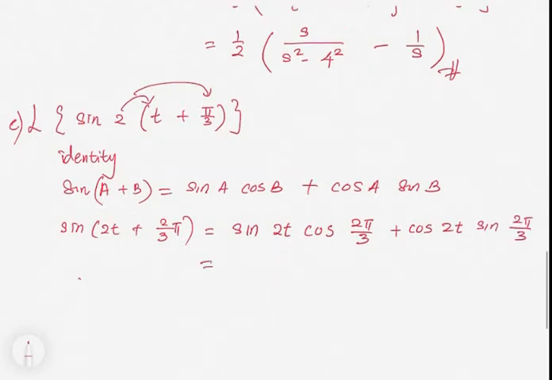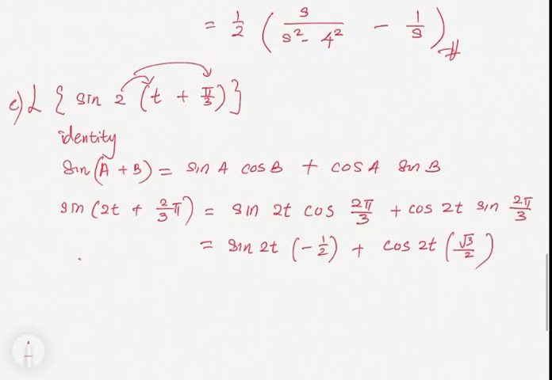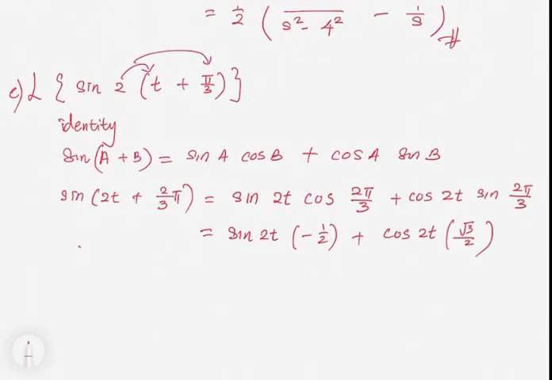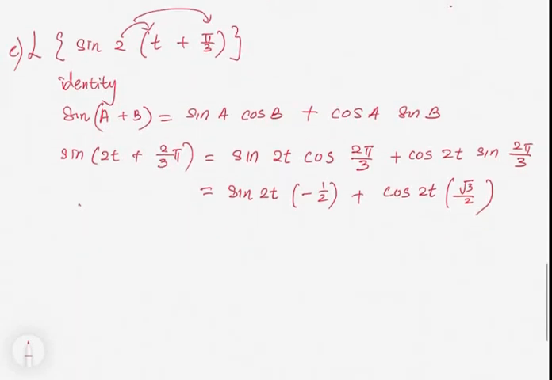So this is equivalent to what? This is equivalent to sine 2t cos 2 pi over 3, you get negative half, plus cos 2t and sine 2 pi over 3, you get square root of 3 over 2. Okay. Now, this one is just the sine 2t plus 2 pi over 3. But what about the Laplace transform of the sine 2t plus 2 pi over 3?